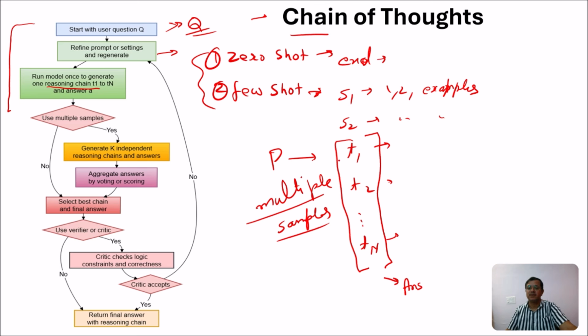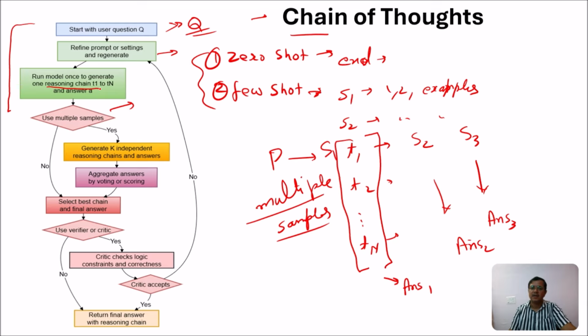Suppose this is sample S1. Again we will generate sample S2, which generates answer 2. Suppose we have sample 3, it will generate answer 3, like that. So now we have three samples.